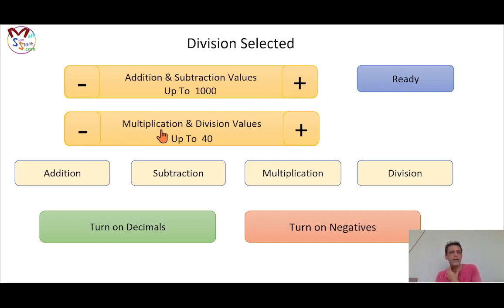And multiplication and division, this goes up to 1,000 as well if you're ever going to use that, and down to 5. So multiplication and division values up to 5. Put that as 15, and then I'll choose multiplication, and you'll see.